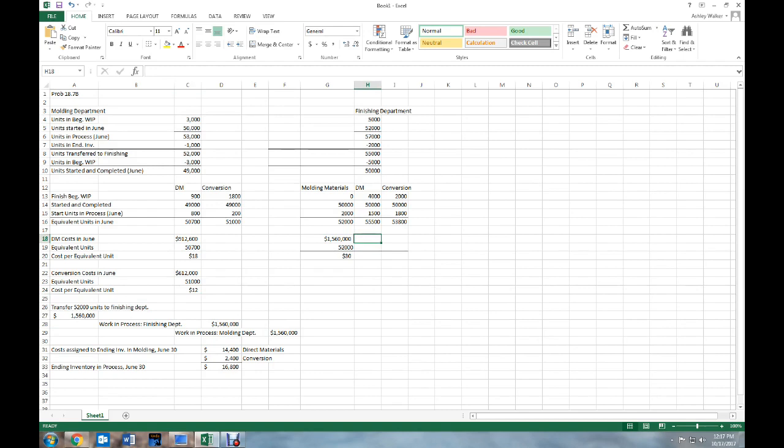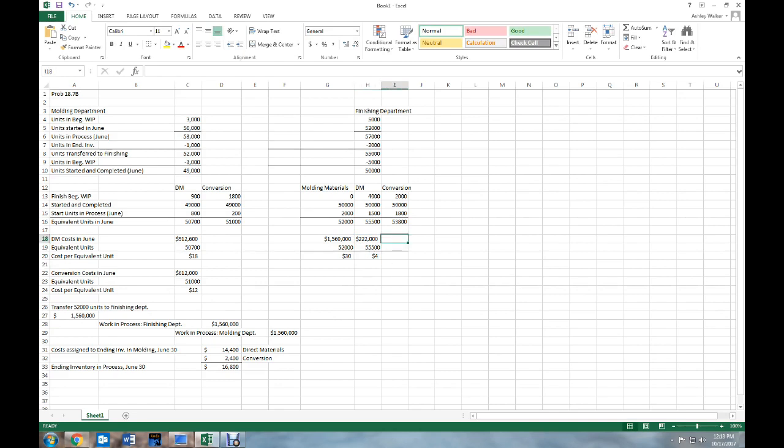So direct materials. We go back to our fact pattern: $222,000 in direct materials costs, 55.5 thousand equivalent units. Divide these out. $4 a unit for direct materials.